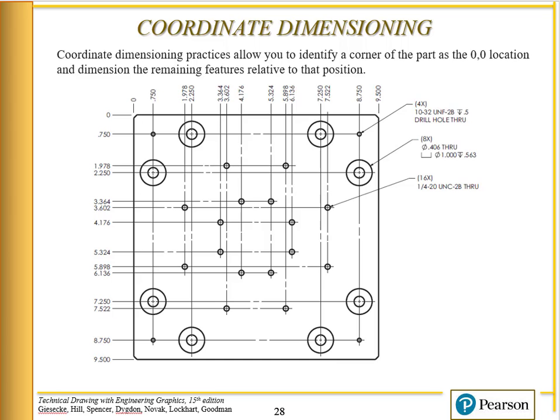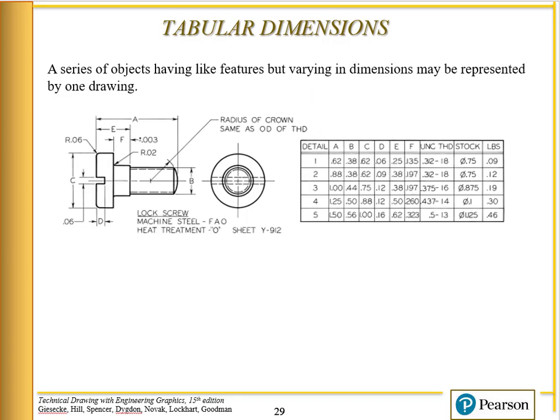Another way to do this is tabular dimensions. This is done a lot with tool design. We have the screw here, and for different tools, they use different sizes of these things. Some of them have different threads, some have different overall lengths. This is the overall length.